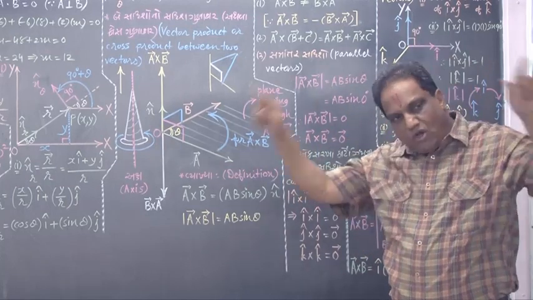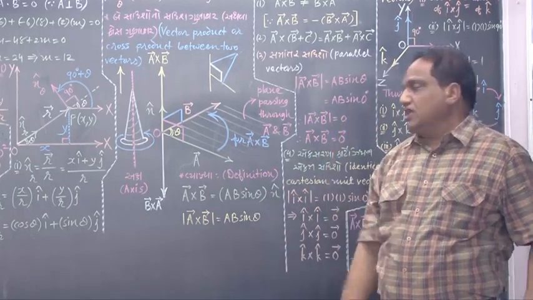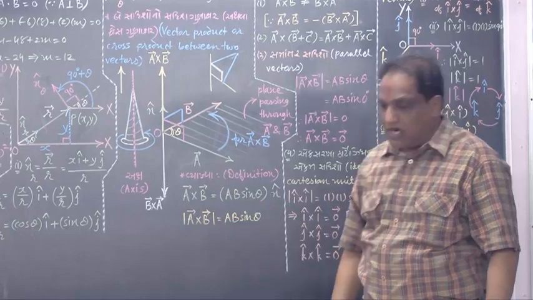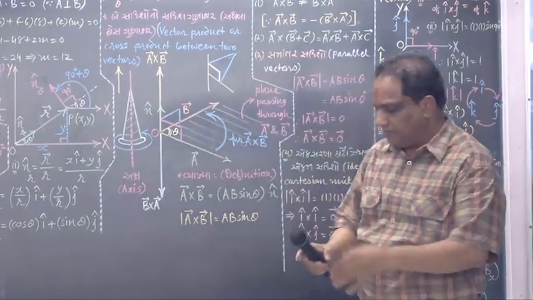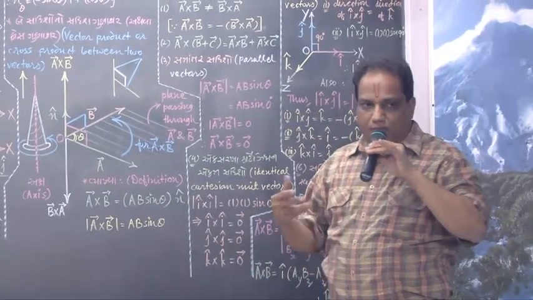And now, covering all these points, you can define what is called a vector product. Just speak out with me.